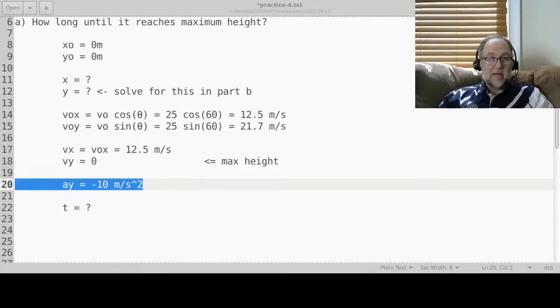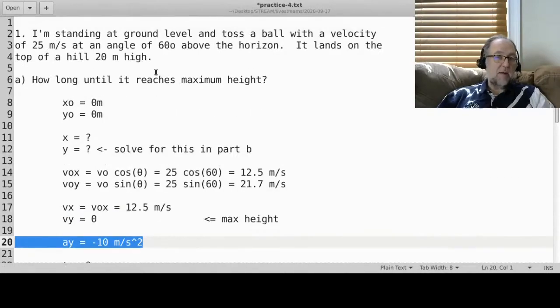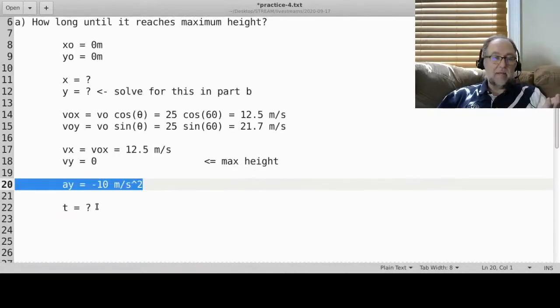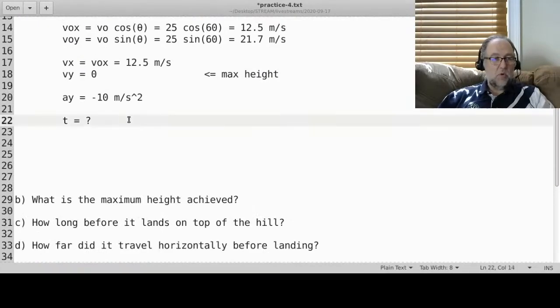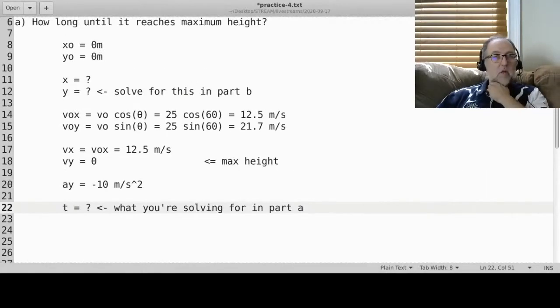And we also don't know the time it takes to get to the top. So that's also a question mark. Nowhere in the word problem do I tell you. So you just don't know when you start off. In fact, this is what you're trying to solve for in part A, which is what we're working on right now.